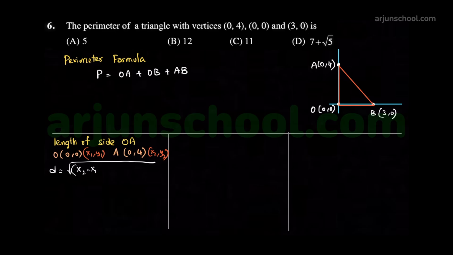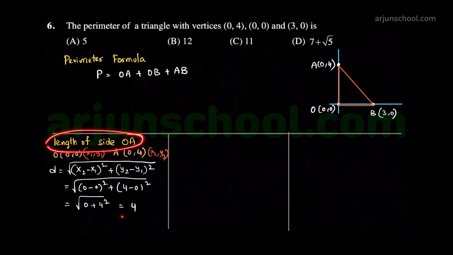The formula is d is equal to root over (x2 minus x1) whole square plus (y2 minus y1) whole square, which is equal to root over (0 minus 0) whole square plus (4 minus 0) whole square, that is equal to root over 0 plus 4 square, which is equal to 4. Therefore, the length of the side OA is 4 units.